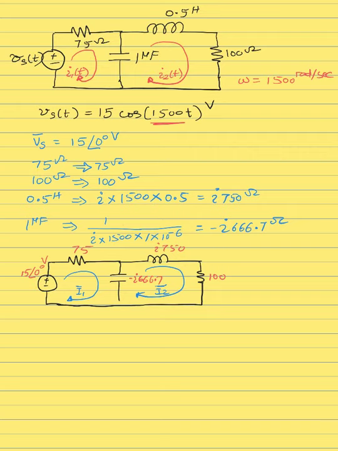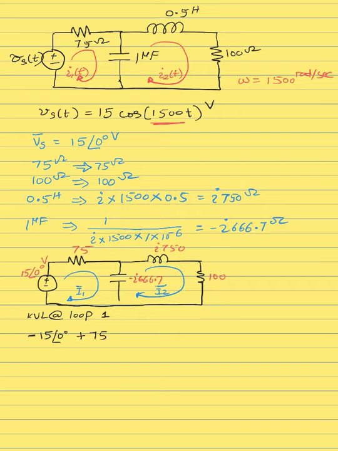So let's write KVL at the first loop. Loop 1, which is for I1. We're going to go clockwise. The first element, we're approaching the negative side first, so that's negative 15 at an angle 0, that's the voltage, so it remains as it is. The next element is 75 ohms, so it's a plus 75.